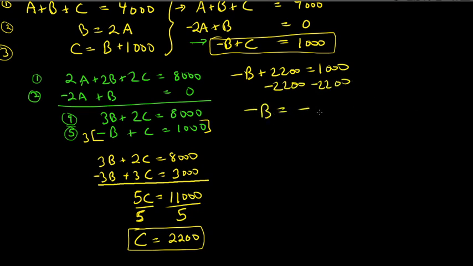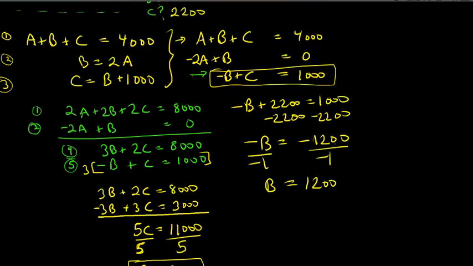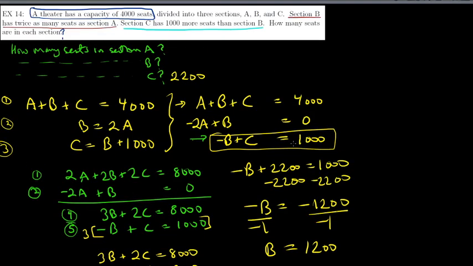B should be positive, but I think that works. So let's see, 22 minus 10 is 12. So this is negative 1,200. Yep. So divide by negative 1, and B should be positive 1,200. So, yep, 1,200 seats in section B.